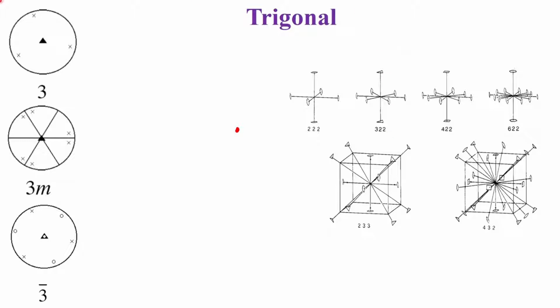So, what we consider here is only the 3 symmetry. That means there is no symmetry associated with x and y directions. Now, how will you represent a trigonal system in terms of the ABC? The trigonal system is represented in terms of ABC.